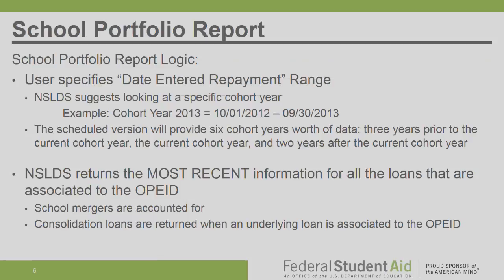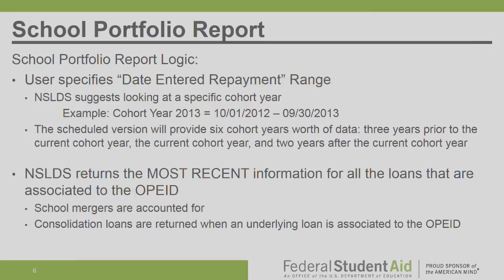If the date entered repayment is the end of the grace period, then if you back that up 6 months, that should typically be, if you're a traditional school with one graduation at the end of the year or semester, you can start to build your cohorts around different triggers in your academic calendar. So again, that date entered repayment gives you lots of flexibility. It's just knowing what that translates to for your individual school business.